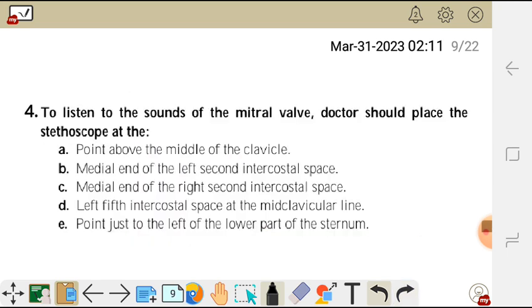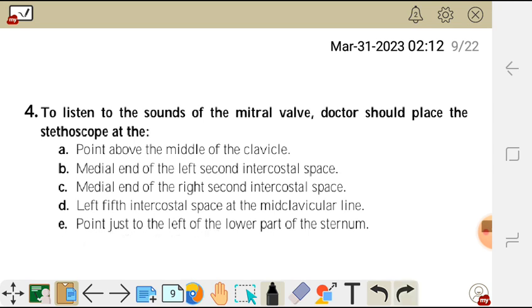Question 4. To listen to the sounds of the mitral valve, the doctor should place the stethoscope at the: A. Point above the middle of the clavicle, B. Medial end of the left second intercostal space, C. Medial end of the right second intercostal space, D. Left fifth intercostal space at the mid-clavicular line, and E. Point just to the left of the lower part of the sternum.